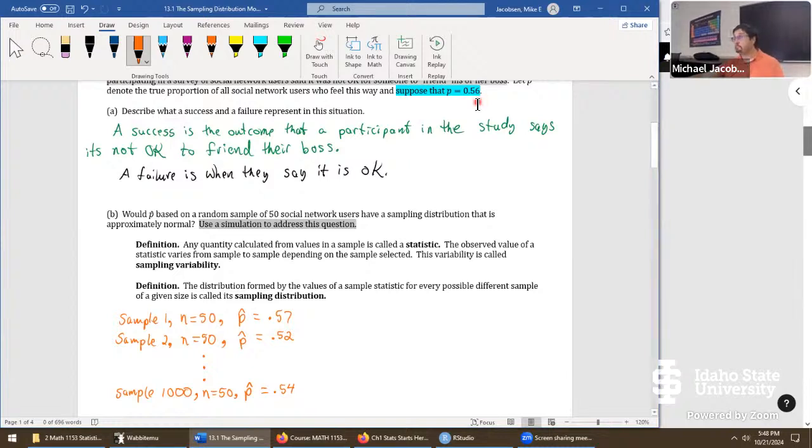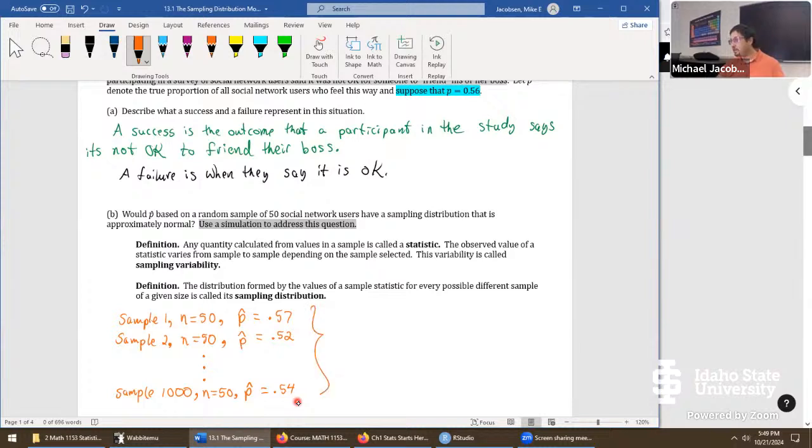This problem, it was people who said it's not okay to friend their boss on social media. So these values all change from sample to sample. And if we have something that's changing from sample to sample, but they're all numerical values, we can put them into a histogram.